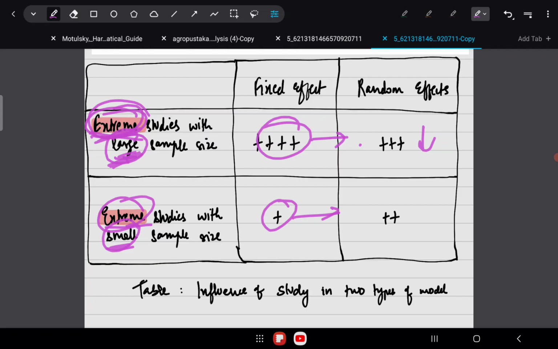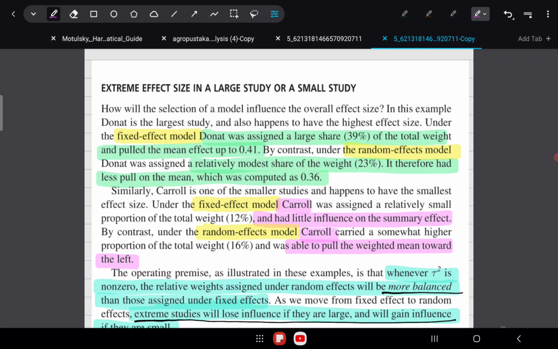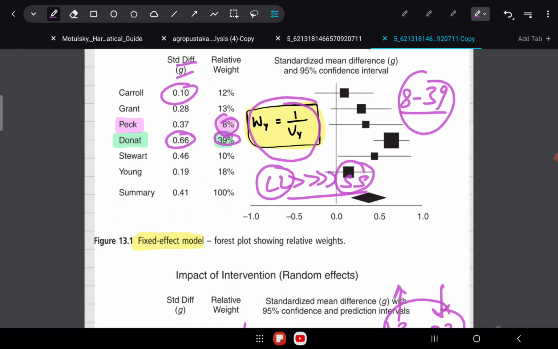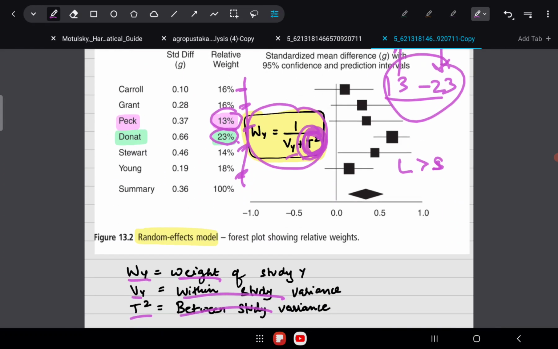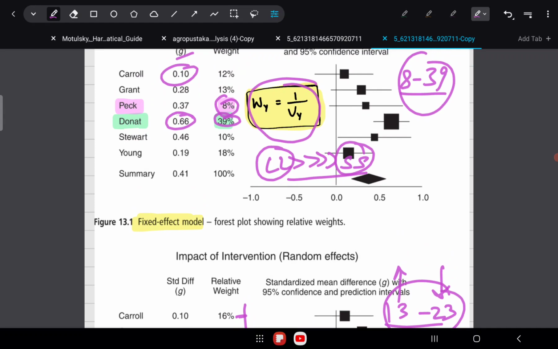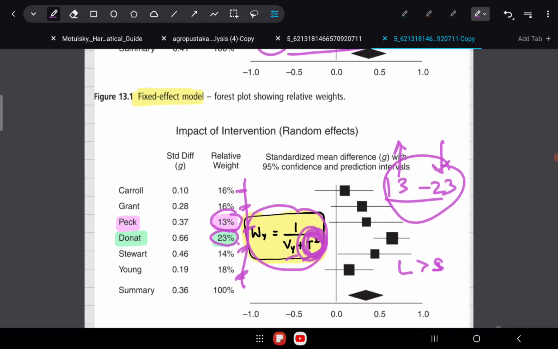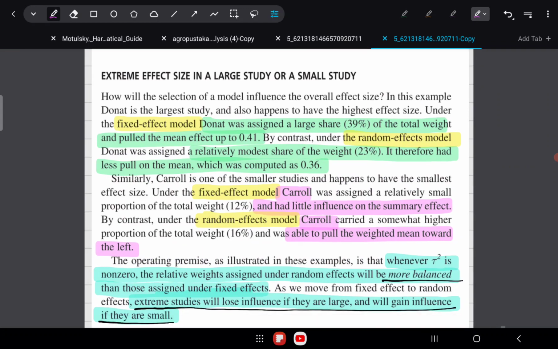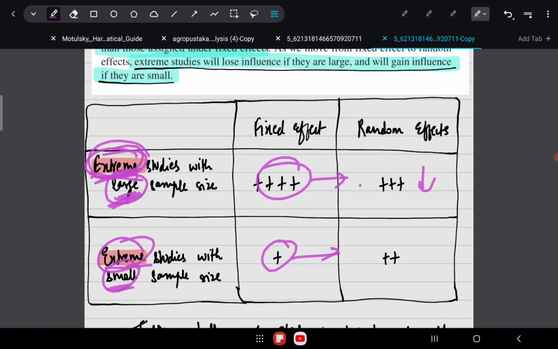For example, in the previous diagram I showed you, the relative weight of Donut decreased from 39 to 23, and you can see Donut is an extreme study also because it has a very large effect size. But because the relative importance of Donut decreases as we go from fixed to random effect modeling, the pull it had on the summary effect will decrease.